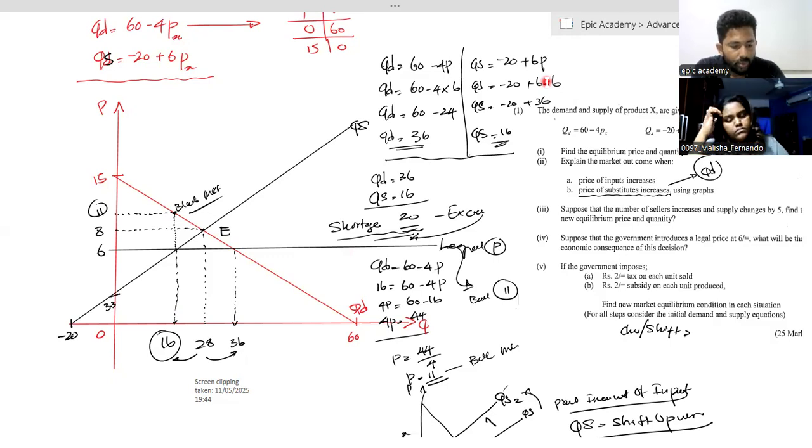It helped to create the black market price. Black market price is 11.